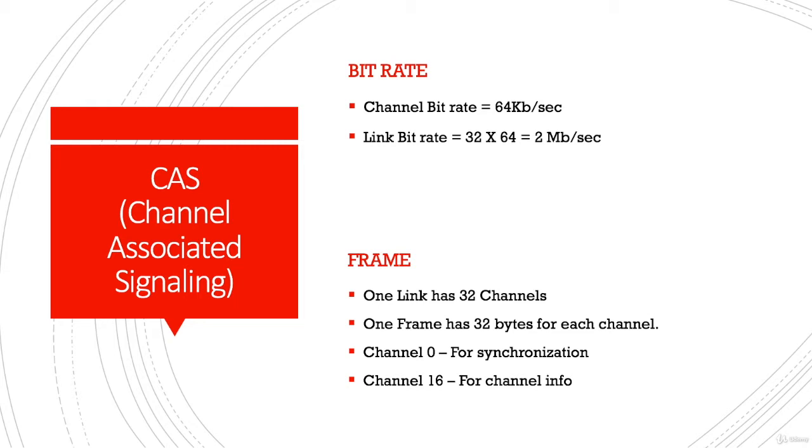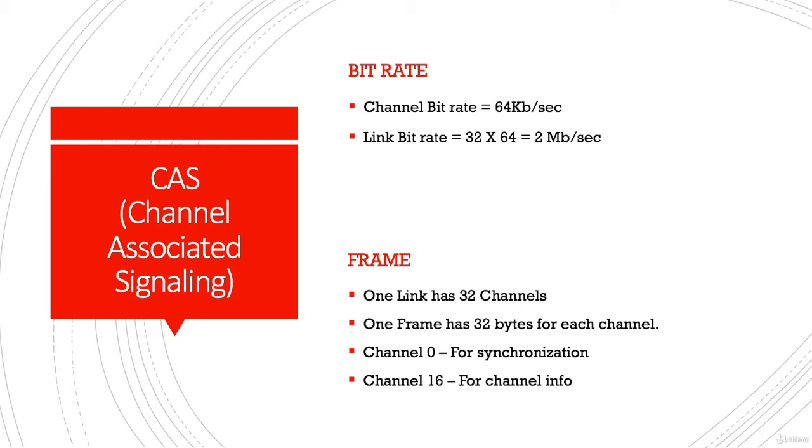Now, how this information, how these 32 channels of a link are sent across the trunk is by packing the information in frames. So information is sent in a bunch of frames. Each frame has 32 bytes containing information about each channel. Now in each frame, the 0th and the 16th channel are used for control information, especially the 16th one.